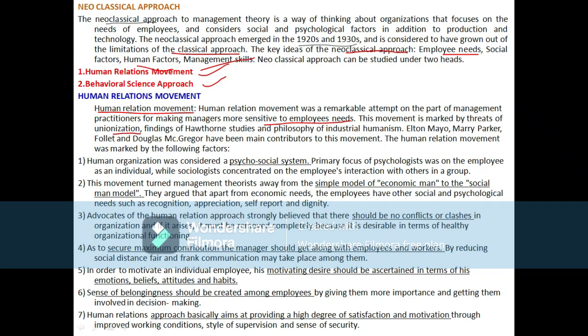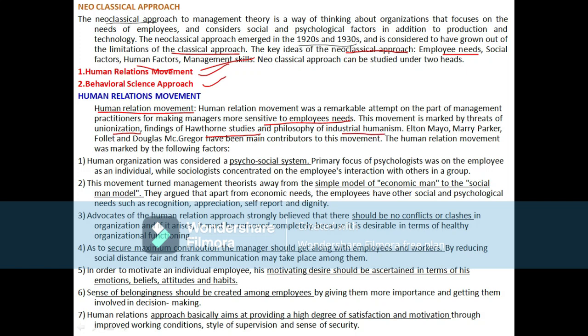Likewise, there were the findings of the Hawthorne studies and the philosophy of industrial humanism. Why? Because of how trade unions could affect the organization, and we have already studied the Hawthorne studies. The philosophy of industrial humanism concerns the persons working in the organization.